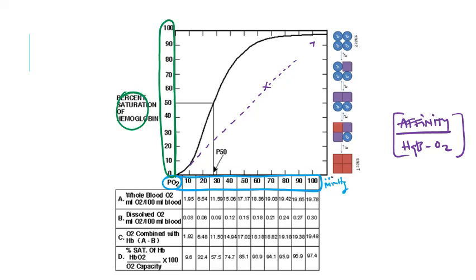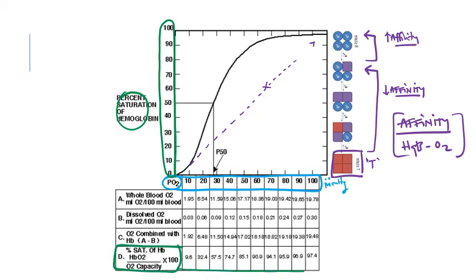The first would start at the T or tense state and go up to about 75% saturation of hemoglobin, where there's a relatively low affinity for bonding. And then the next is from 75% to 100% of hemoglobin saturation, where there's a relatively high affinity for bonding.